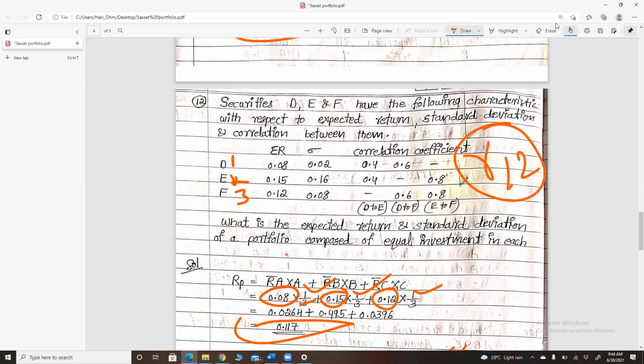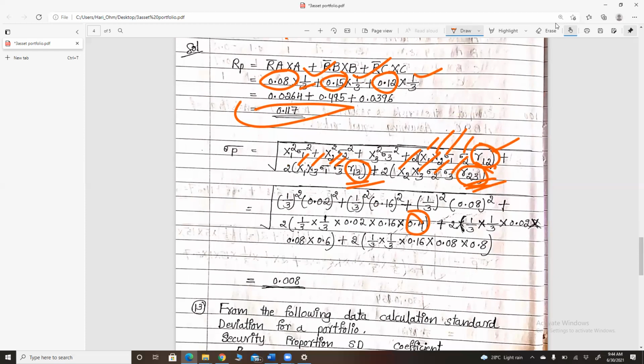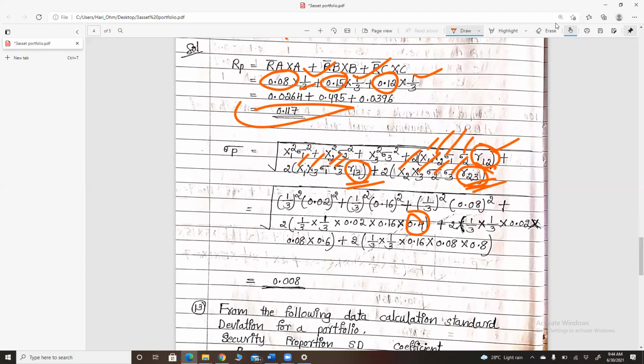Now, R12 means D to E. See, this is 1, this is 2, this is 3. D to E is nothing but 0.4. See here, 0.4. First one, R12.